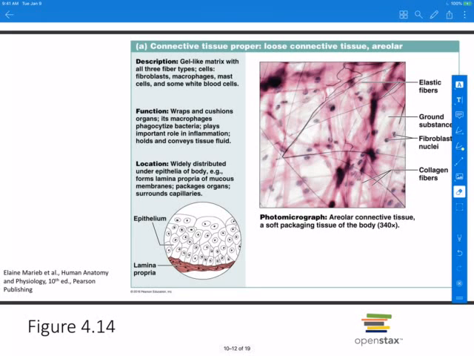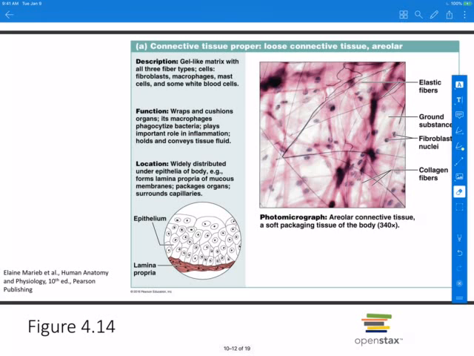It underlies most epithelial tissue. In fact, I told you when we were studying epithelium that connective tissue always supports epithelium. It's always deep to the epithelial layer.